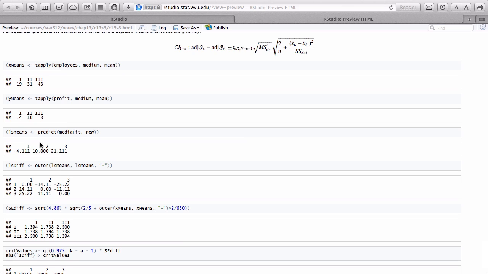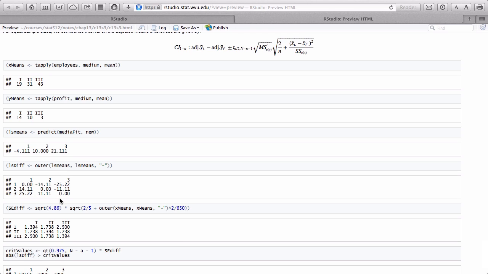But what I need is the least squares mean, and I can get this from the median fit and then predicting the new values, and the new values will give me the least squares mean. So that's not a problem to do. And then what I can do is get an outer product of the least squares means with a minus sign. That takes all possible mean differences.